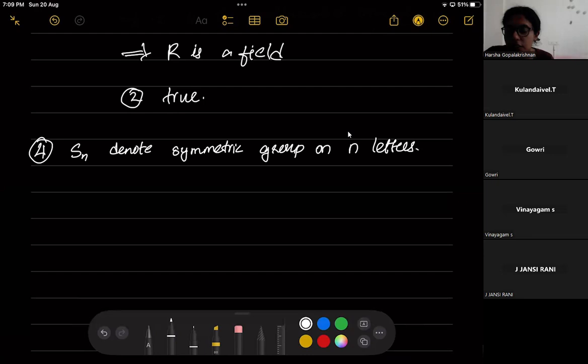Symmetric group means the set of all permutations on a set of n elements. And n letters means 1, 2, 3, up to n.